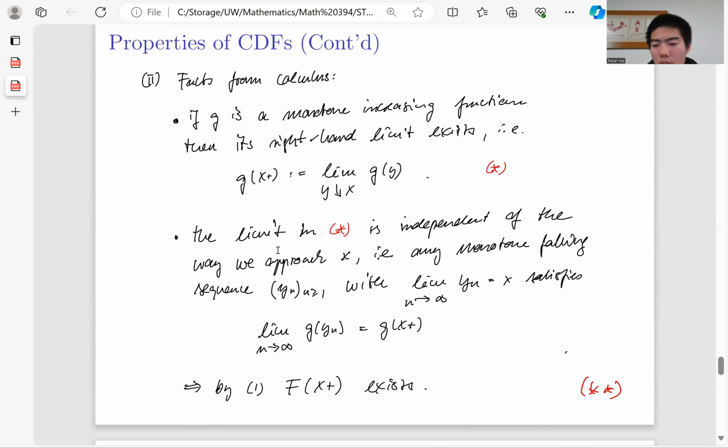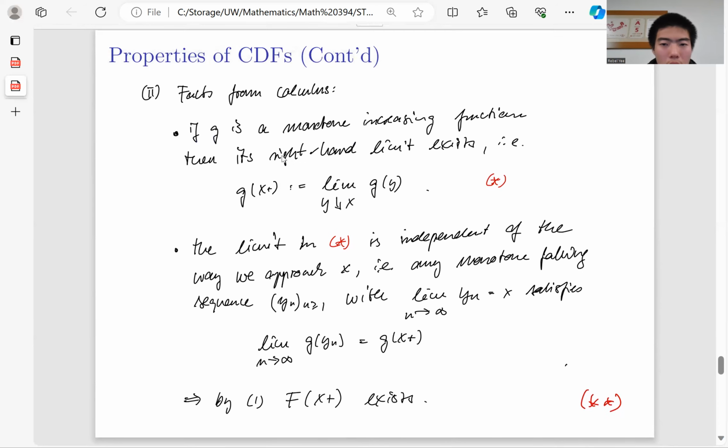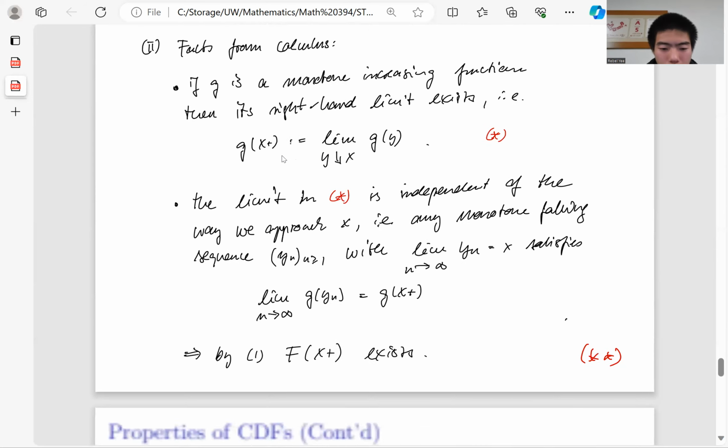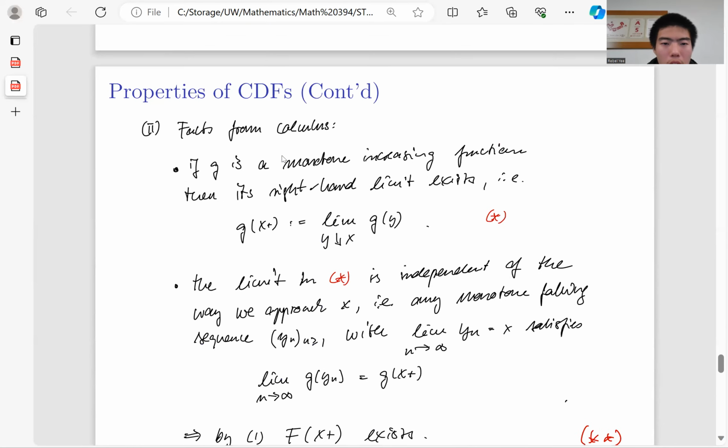For right continuity, this is a relatively hard proof. The logic we mainly use is to first assume the right-hand limit exists, and then try to find counterexamples showing that it doesn't exist. That is how we prove it is right continuous.